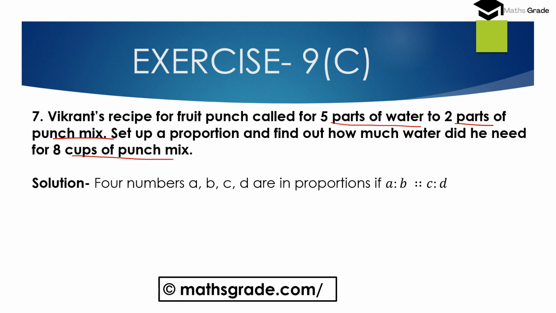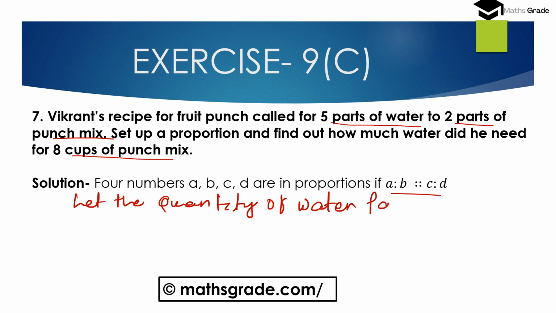If 4 numbers A, B, C, D are in proportion, then we can write A is to B is proportional to C is to D, that is AD is equal to BC, that is the product of extremes is equal to the product of means. So here 5 parts of water to 2 parts of punch mix. Let the quantity of water be x.